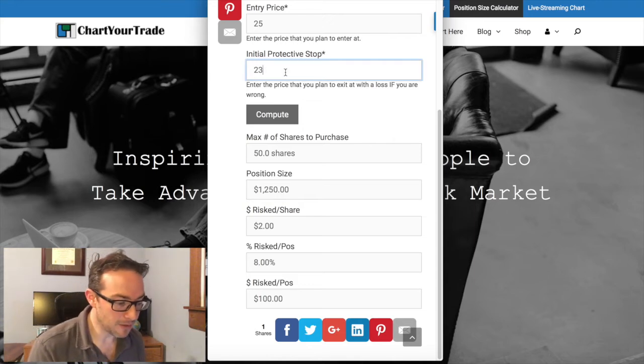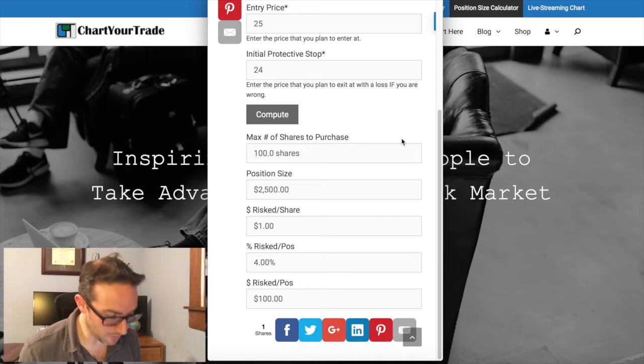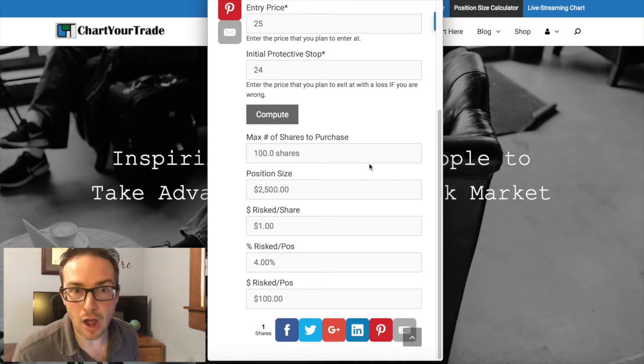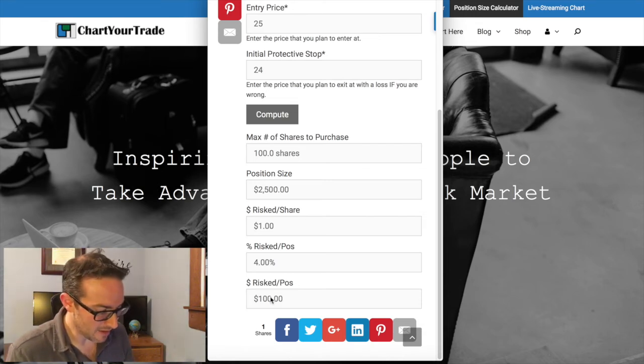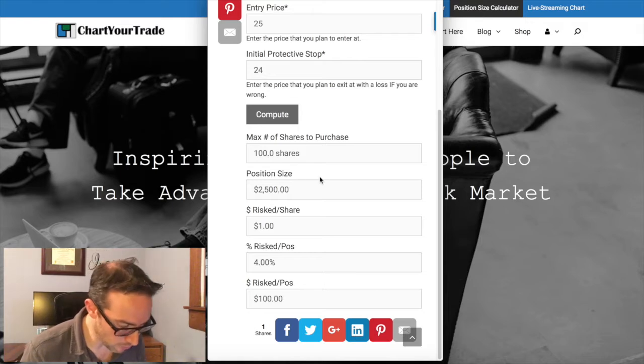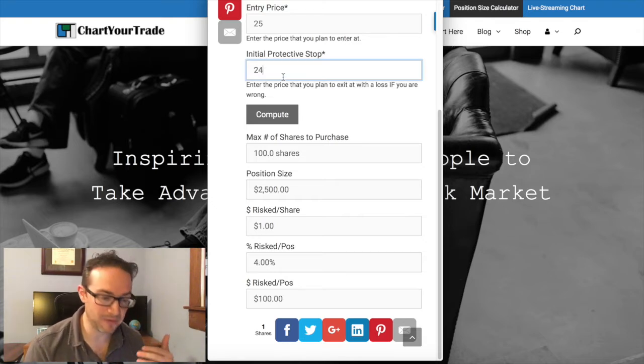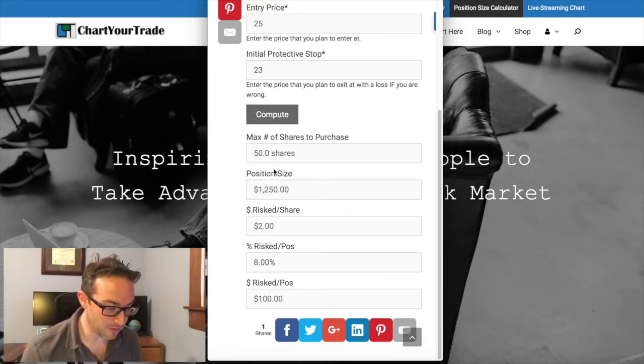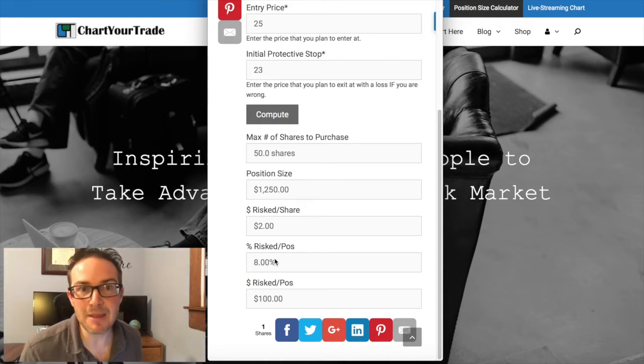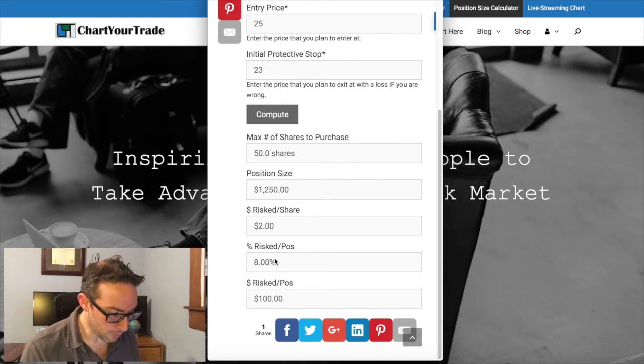So let's say the protective stop wasn't at $23. Let's say that it was at $24. We could then buy 100 shares of this stock and still only risk that $100. And the reason why is because we're risking less on the position. We're only risking 4%, whereas at $23, we were risking 8%.